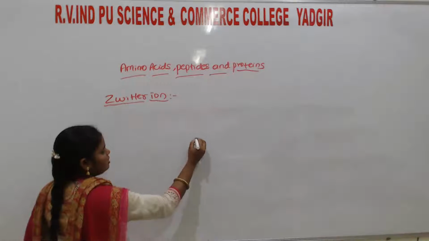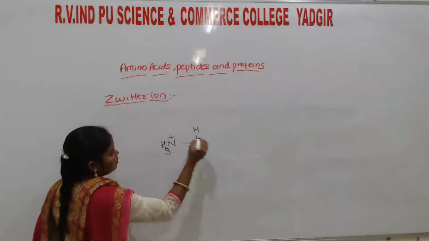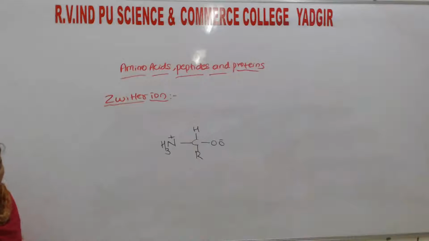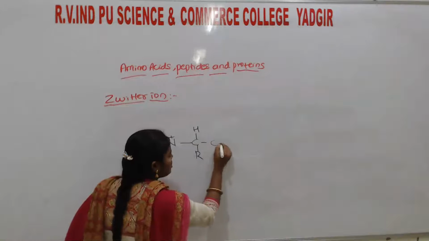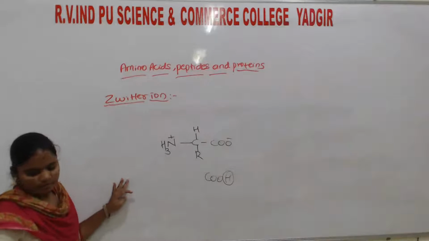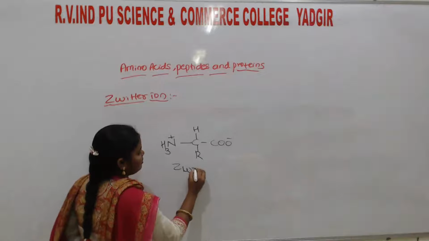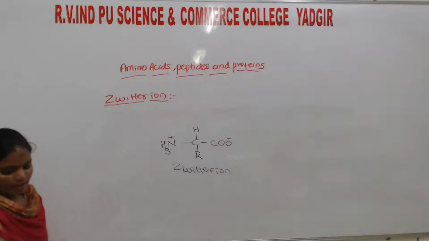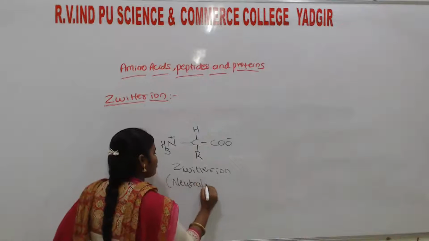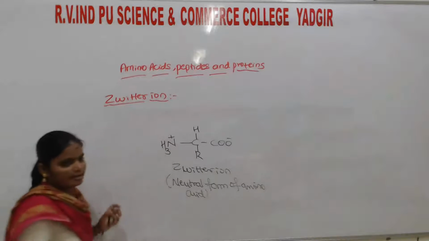This is R CH NH3 plus COO minus. This is the Zwitter ion, or the neutral form of amino acid.